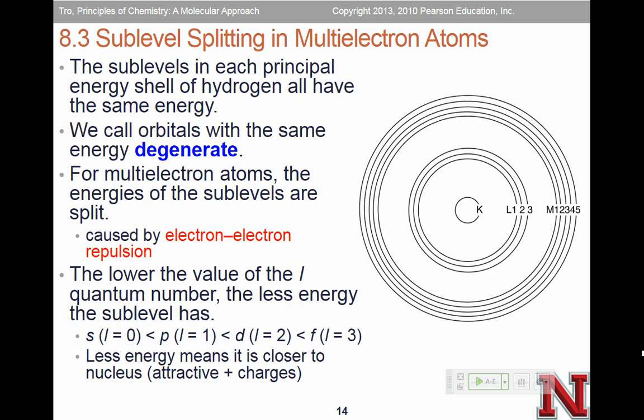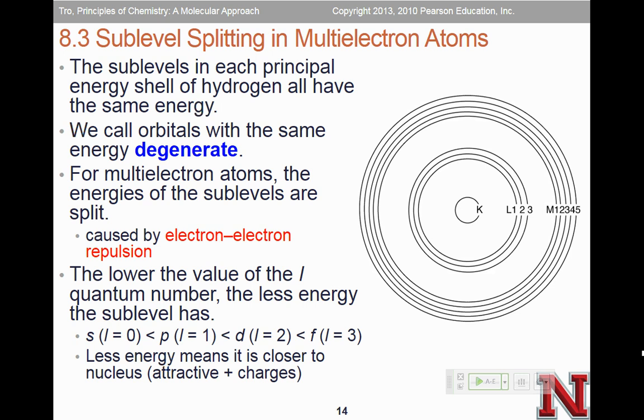If my nucleus is here, I can have a 1s. And at that 1 energy level, I can only have an s, because n is 1, so all I can have is an s orbital. As I go to the second energy level, I can have a 2s, and I can have a 2p. So that would represent 2 different energy levels.